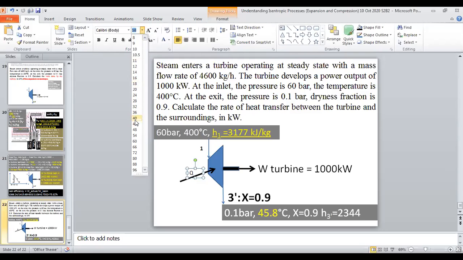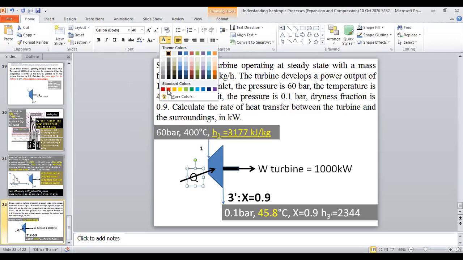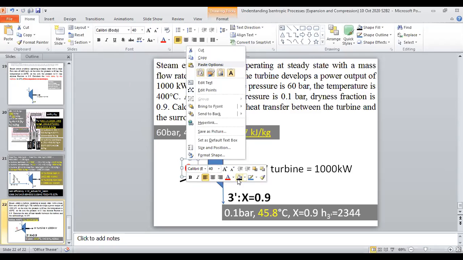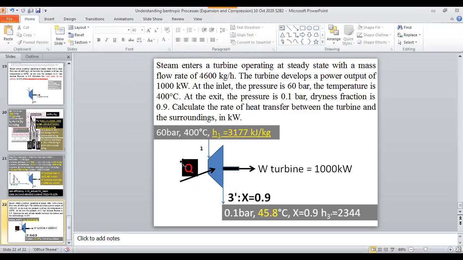Okay. This is Q. We'll do this. Now, heat is an input. W is the output.